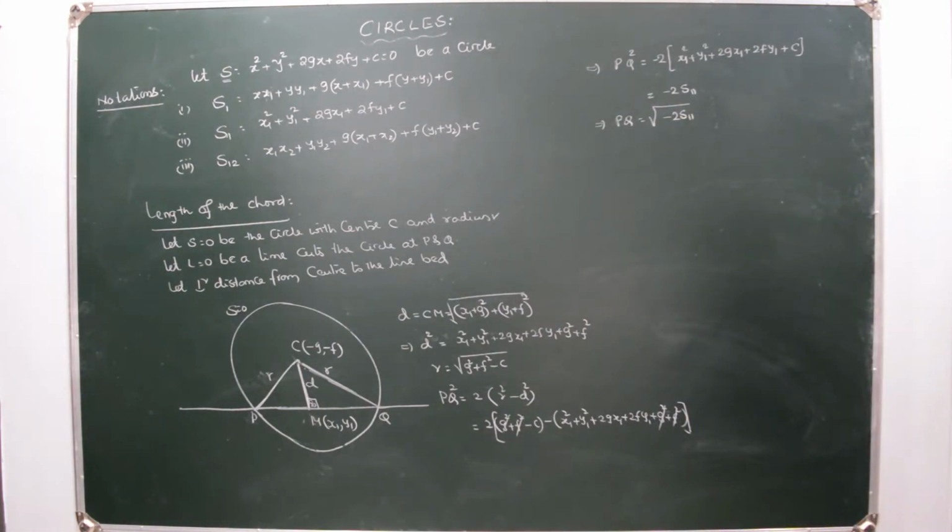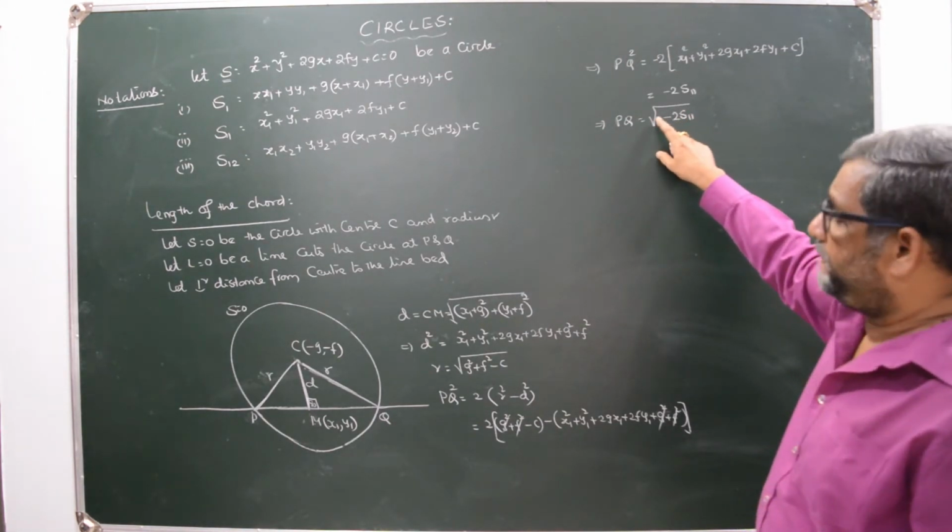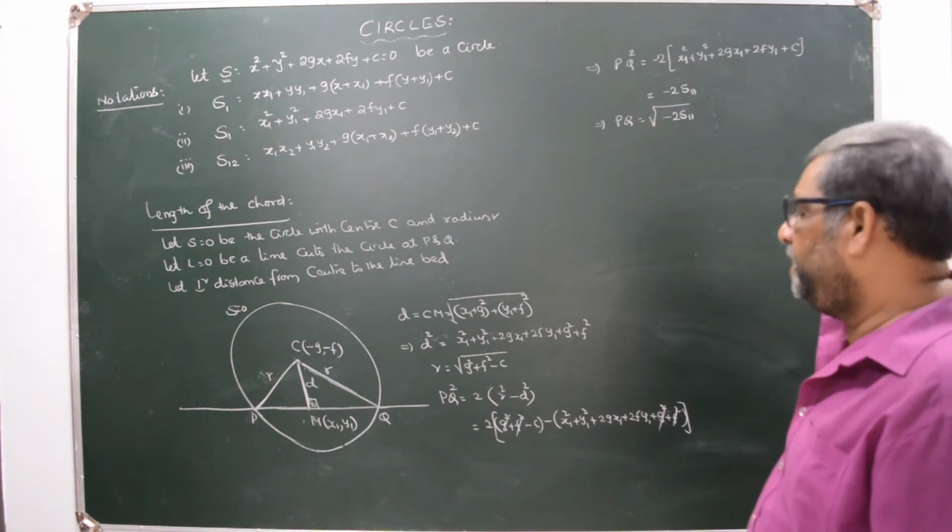Some of you may get doubts. Here minus S11 means it is negative, so how can we get the result?